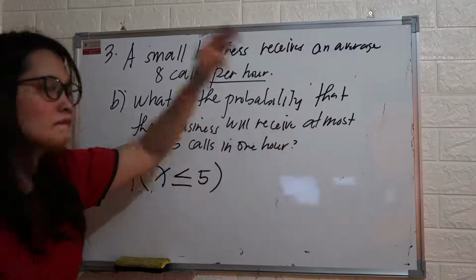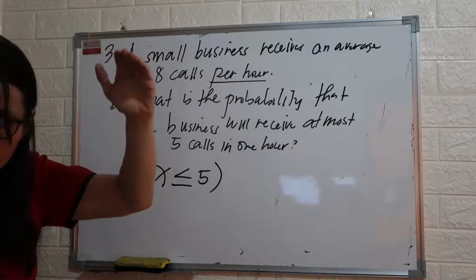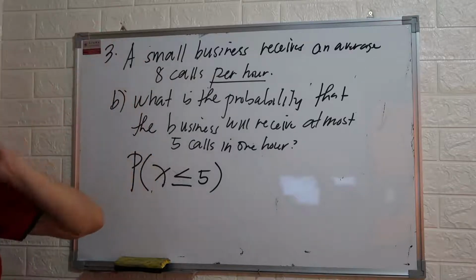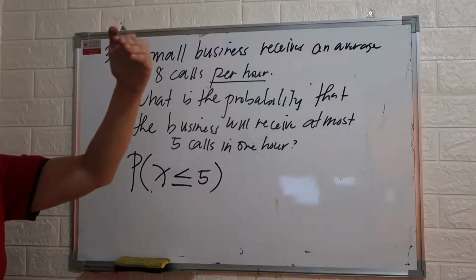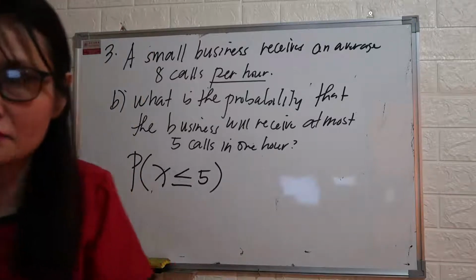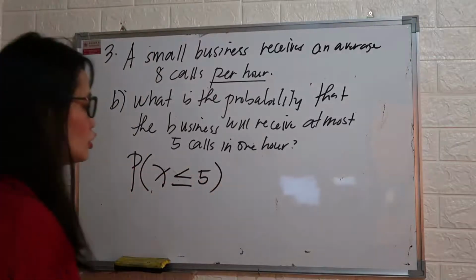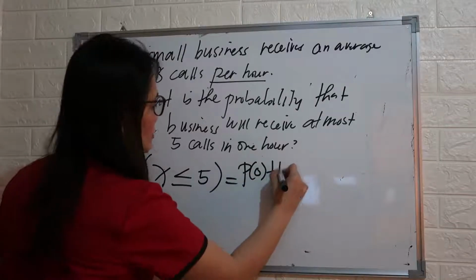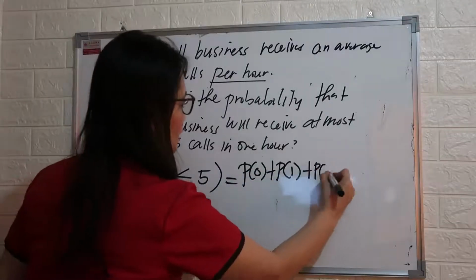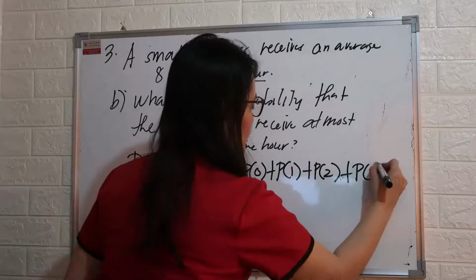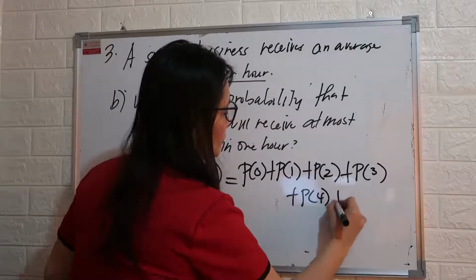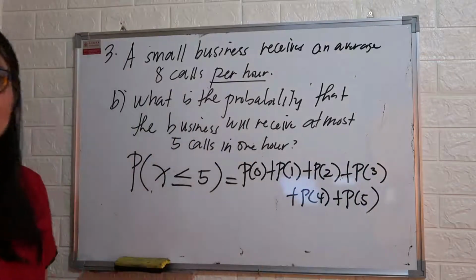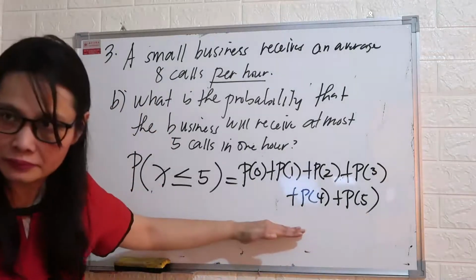And how do we solve that? You need to add everything: the probability of 0, plus the probability of 1, plus 2, plus 3, plus 4, plus 5. So that would be letter B.